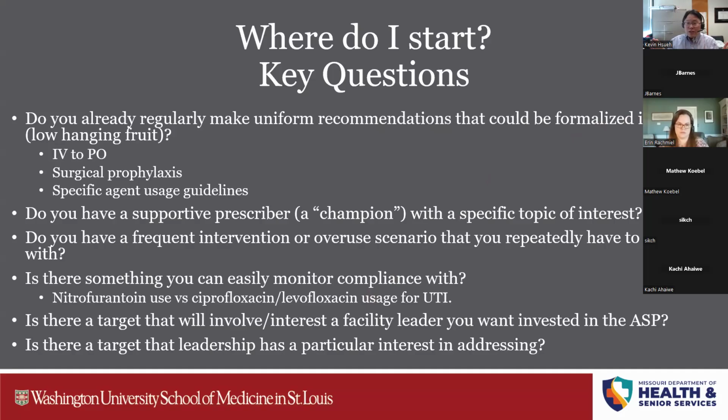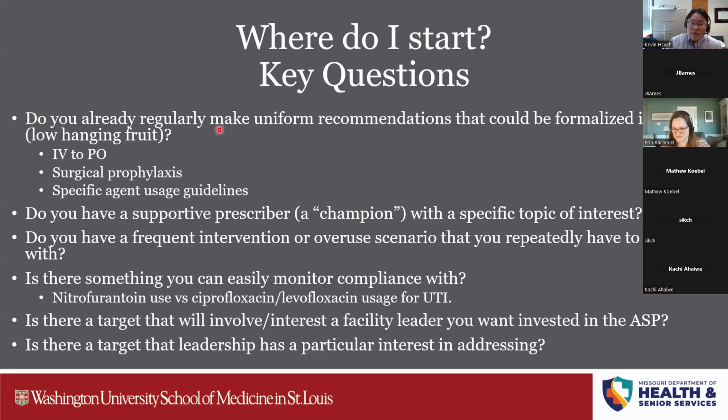So first things first, especially if you're starting, don't pick a really complicated condition to make a treatment guideline on. Basically, don't start with intra-abdominal infection. That's not a great idea. What I recommend is identifying where your low-hanging fruit is.